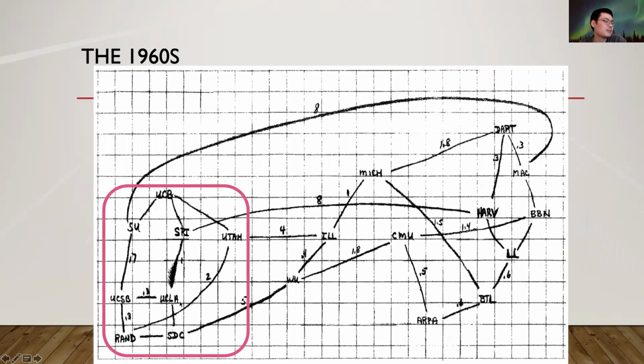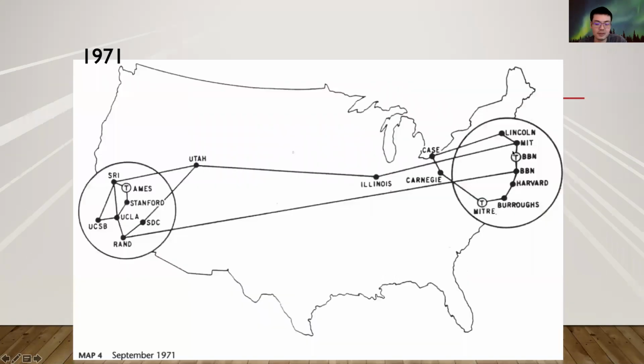You can see here that most of the institutions are close to the West Coast, and these are on the East. This is 1971. In the middle there are very few links, but because of the links, they are still connected, so you can send stuff from MIT to UCLA, for example.